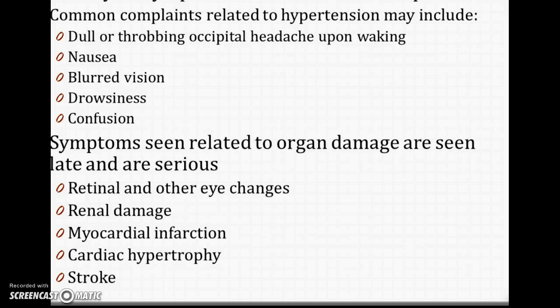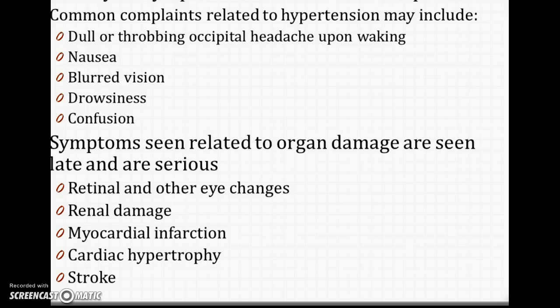All right, signs and symptoms may include blood pressure measurements of more than 140 systolic over 90 diastolic on 2 or more readings taken at 2 or more visits after an initial screening. A throbbing occipital headache upon waking, drowsiness, confusion, vision problems, nausea. Expect a patient with secondary hypertension to have clinical manifestations of the primary disease.